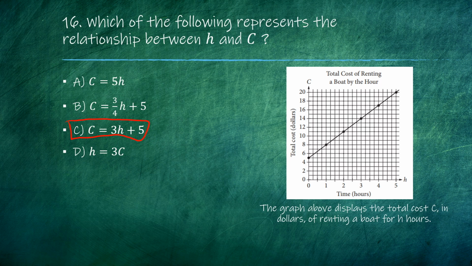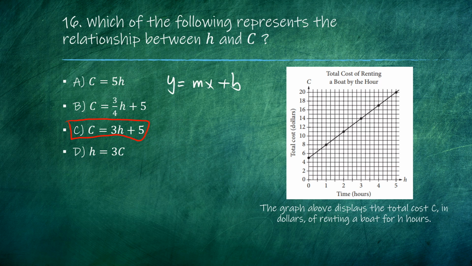So this question is really asking us our classic linear equation, y is equal to mx plus b. In this case, the y here is whatever is on the y-intercept, which is c, and the x here is whatever is on the x-intercept, which is h.